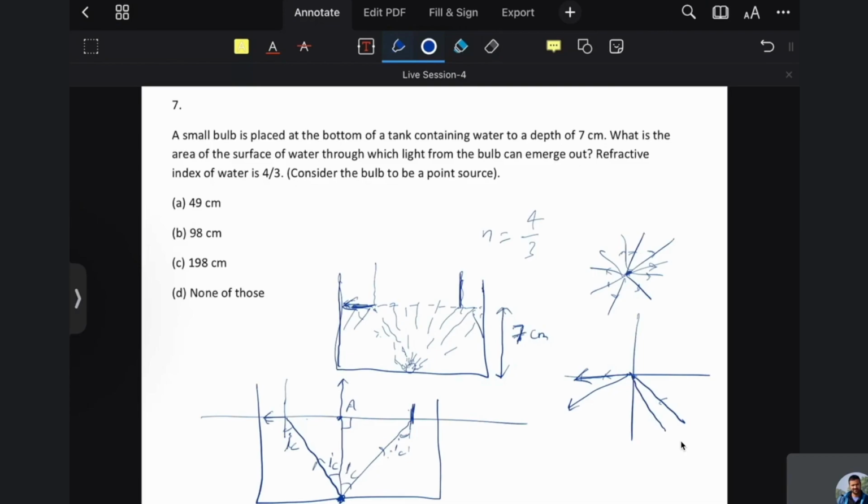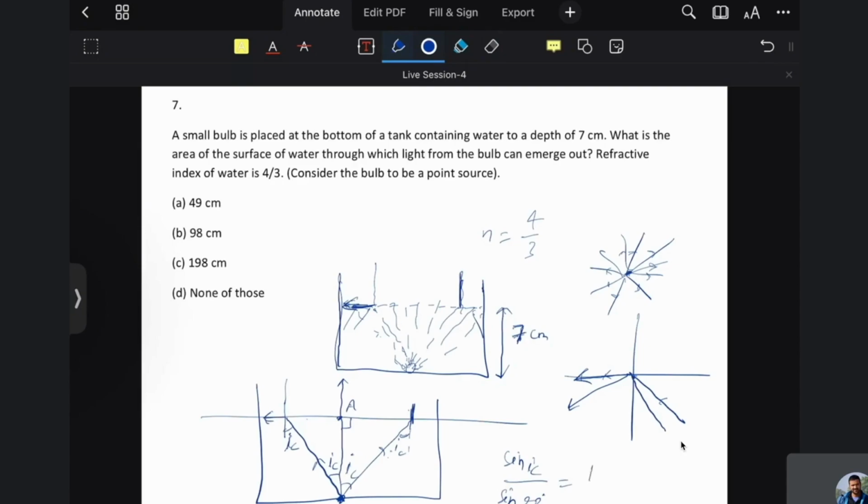Now how do you calculate it? We can use Snell's law: sine IC by sine R. Sine R here will be sine 90 degrees, which is just 1.